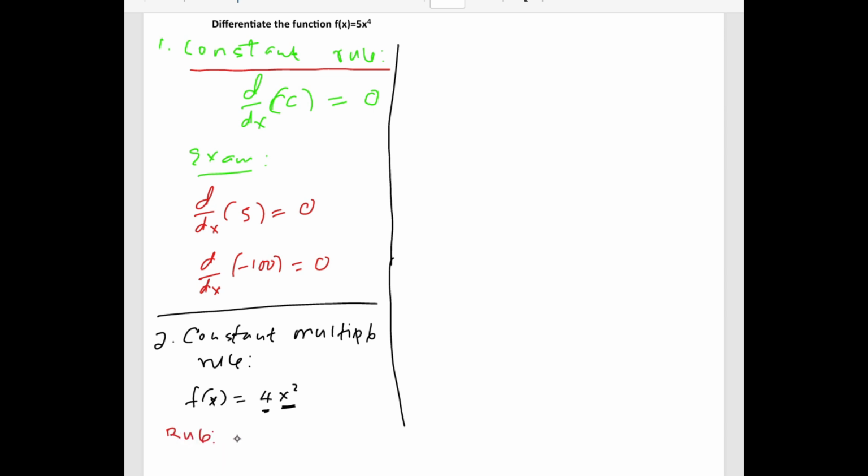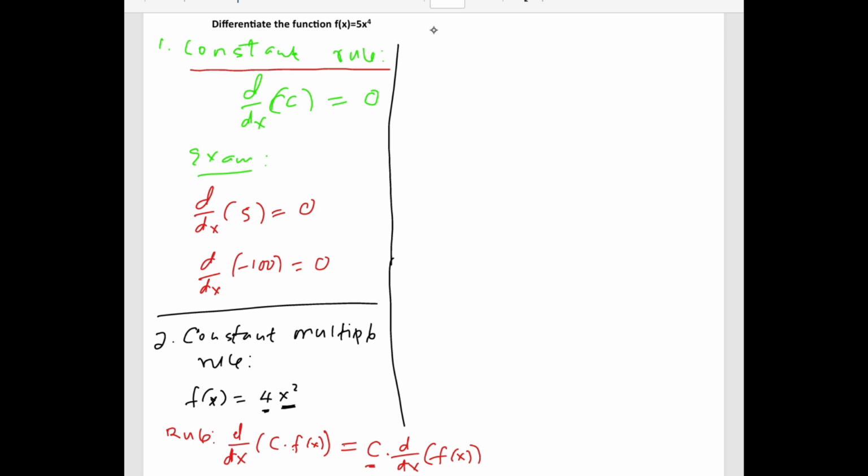According to the rule, if you find the derivative of a certain function that is having a constant, the answer that we are supposed to get is that we just hold the constant, or keep the constant, and then from there you differentiate the function.